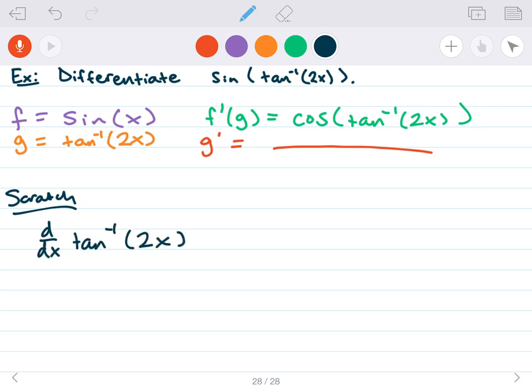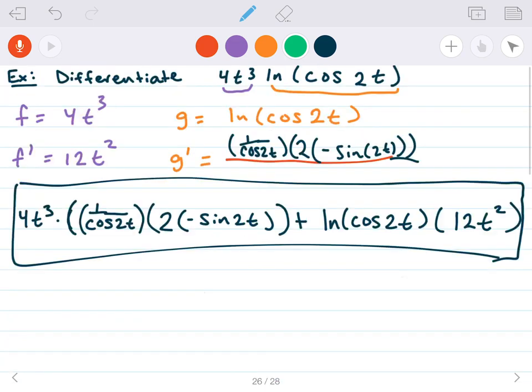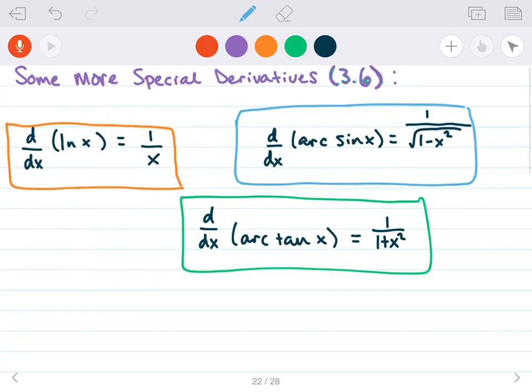Well, here, since I'm using the chain rule, I need an outer function and an inner function. My outer function is tan inverse of something. My inner function, that something, is 2x. And so f prime of g, if I take the derivative of tan inverse, remember that was that special derivative.